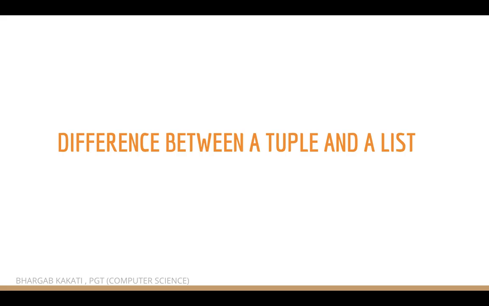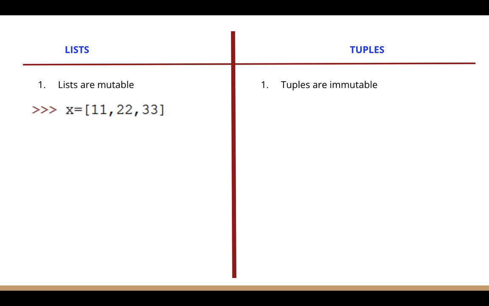Now finally in this part, let us see the difference between a tuple and a list. We have already covered list and now we have come to cover tuples. So let's see what's the difference. The first difference is, of course, lists are mutable and tuples are immutable. Mutable means the elements of a list can be changed after list creation.